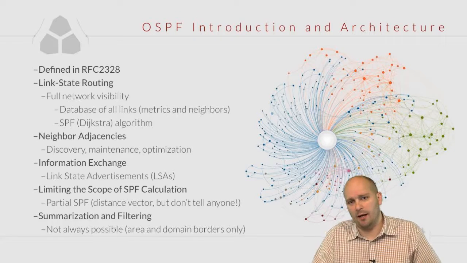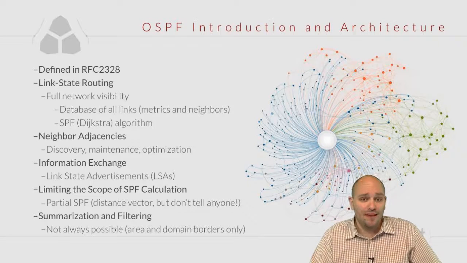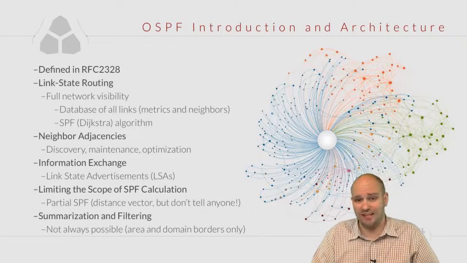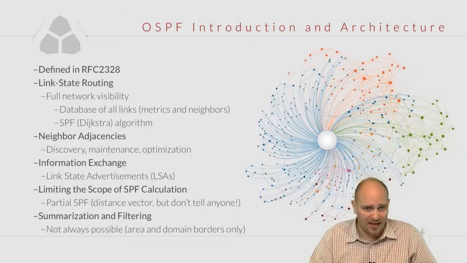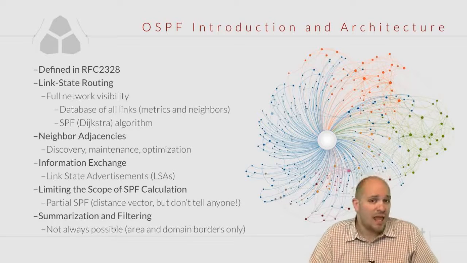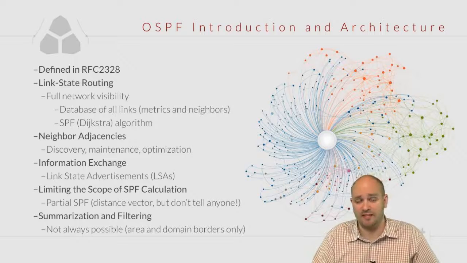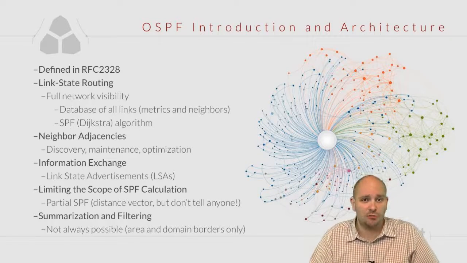In our case, the smallest metric between two nodes in the graph without going through the same node twice. In other words, it is going to calculate a loop-free path through our network based on the information in the database.